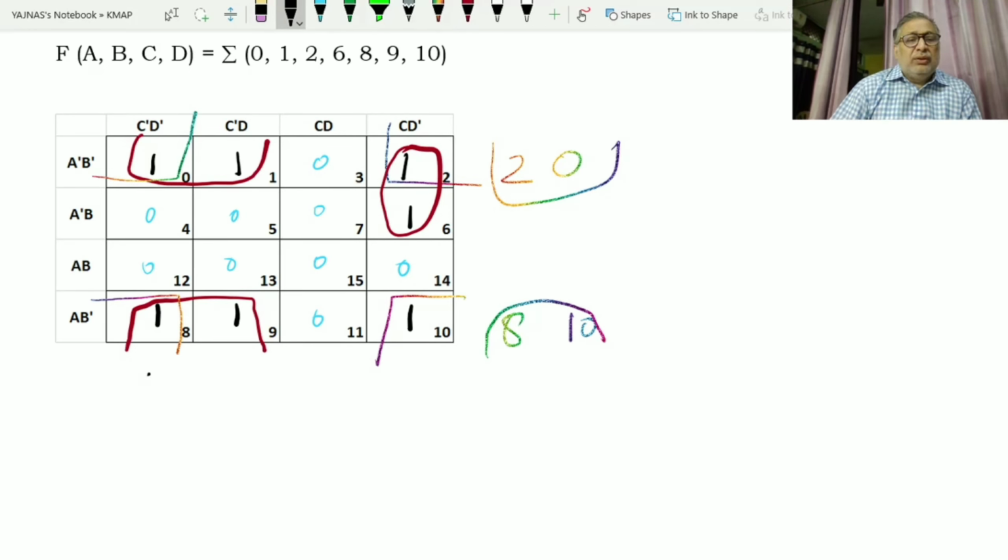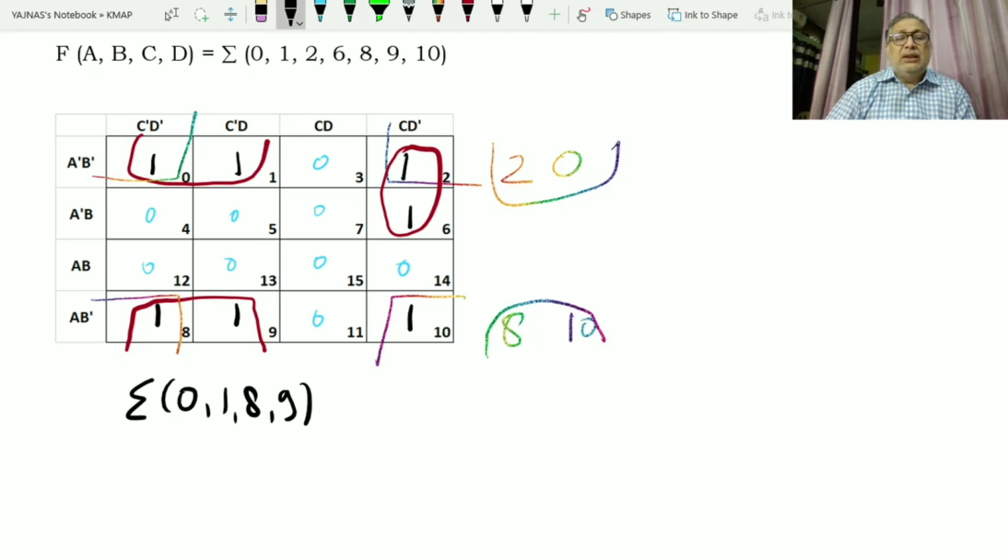All right. So sigma 0, 1, 8, 9 is a quad, and the answer for it: if you look at the left of 8 and 9, the 0 and 8, B complement is constant, and if you look at the top of 0 and 1, C complement is constant.